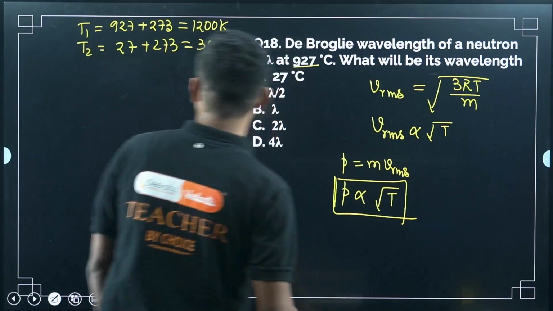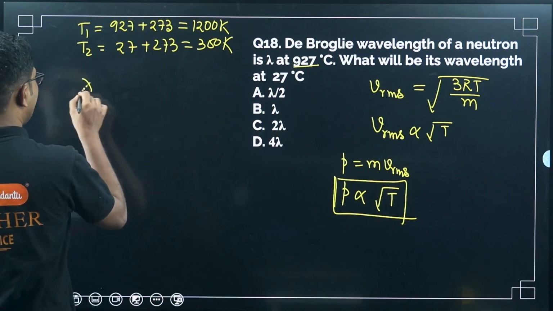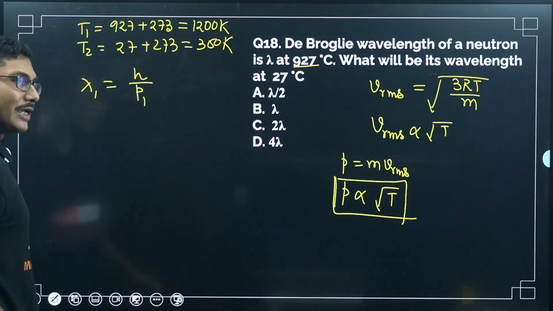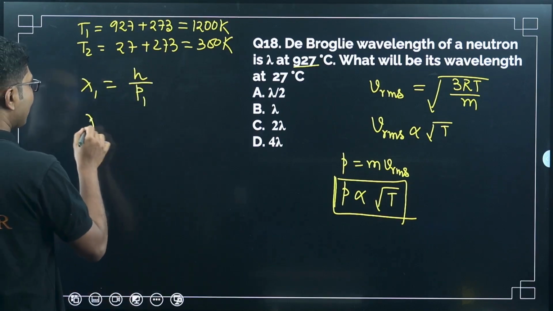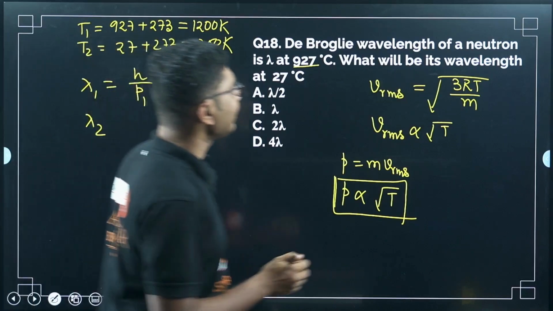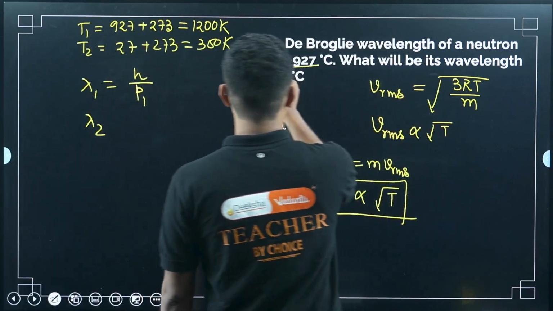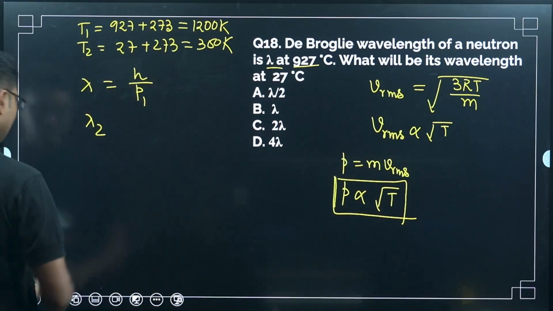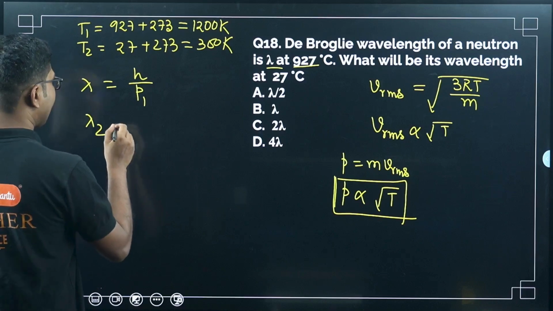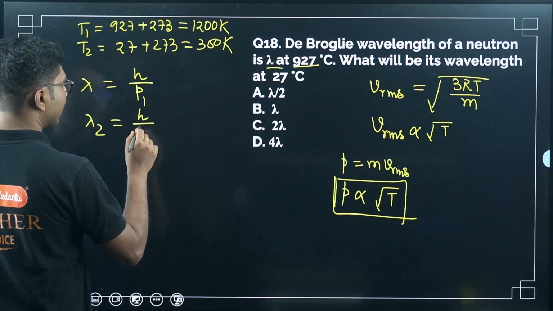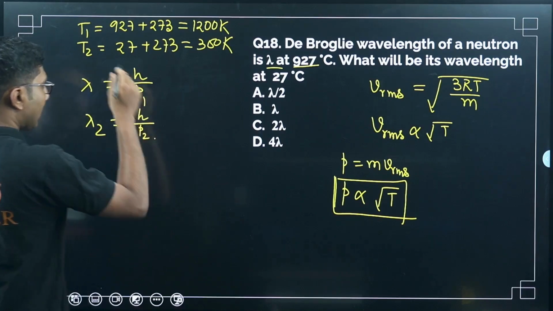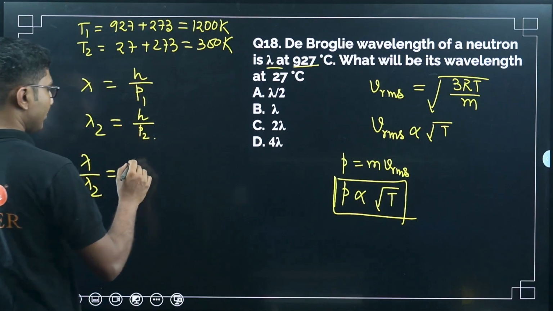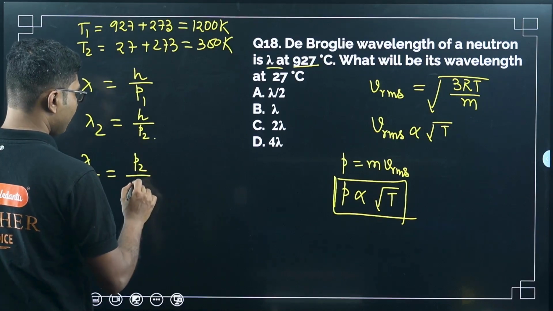And we know that lambda is h by p. So lambda 1 will be h by p1, and lambda 1 itself is given as lambda, so I am just writing lambda for the first value. For the second value, lambda 2 will be equal to h by p2. Now divide them. Lambda by lambda 2 equals p2 by p1.